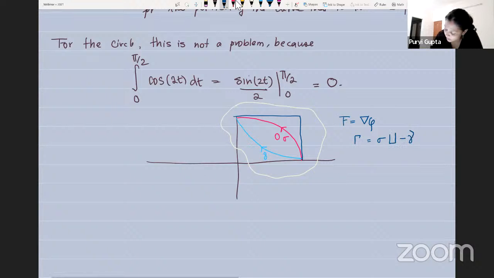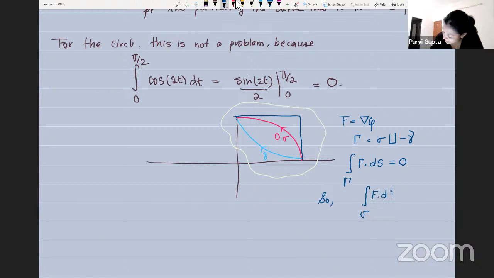So I go along sigma, and then I concatenate gamma in the opposite direction. Now, because this is a closed loop, along capital Gamma, f dot ds will become 0. So f dot ds along sigma will become f dot ds along gamma. And we have already computed what is happening for the circle. So we then immediately get that even for the asteroid, it's 0.